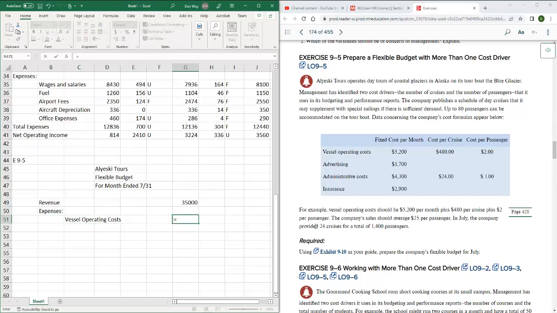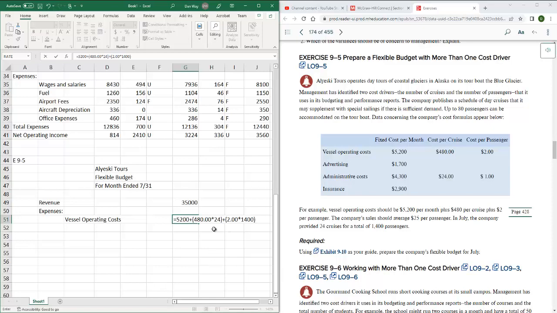Now these have 3 components, a fixed component and then 2 variable components, one for each of 2 separate cost drivers. So vessel operating costs in the flex budget would be $5,200, the fixed piece, that doesn't change based on any level of activity with the cruises or passengers, plus $480 per cruise times the 24 cruises we ran, plus that third component, $2 per passenger times the 1,400 passengers we served in that same period.